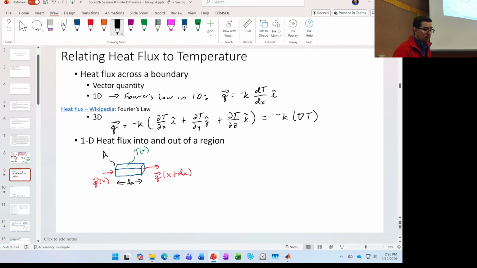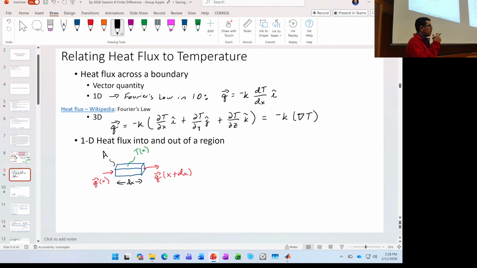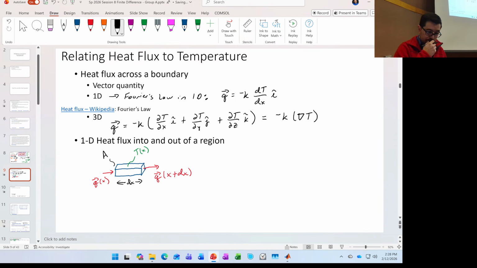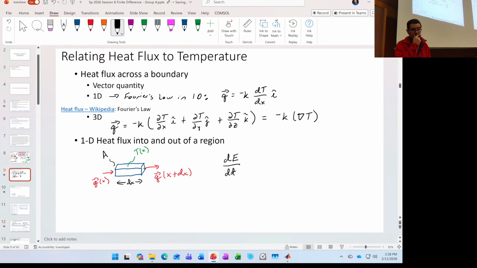Like this, we can begin to think of what the change in energy of this element is as a function of time. Energy we'll give by E, and of course this is essentially a power, so it's going to be in terms of watts.